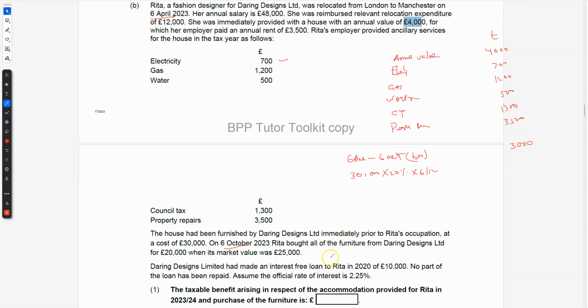Now the rest of the calculation is a little bit tricky when she buys the furniture. When the employee received the furniture as a gift or the employee purchased it, we have to find the higher, or greater, of the market value and the carrying value. In this case, the market value was 25,000 and the carrying value means the cost minus the value assessed.